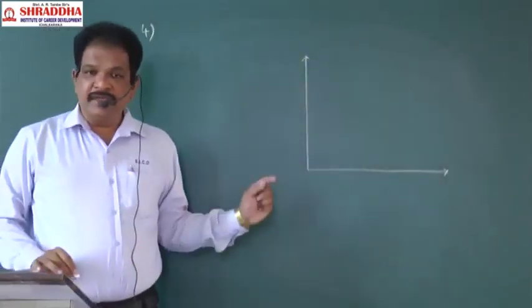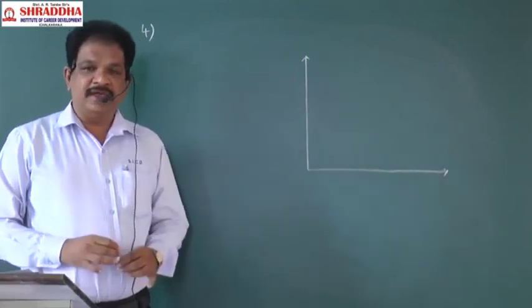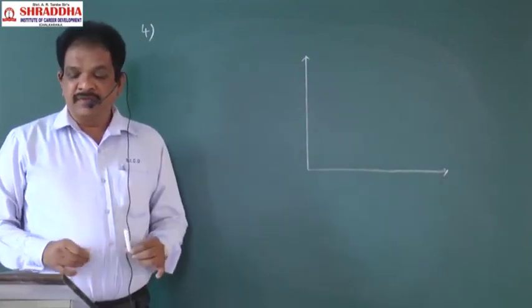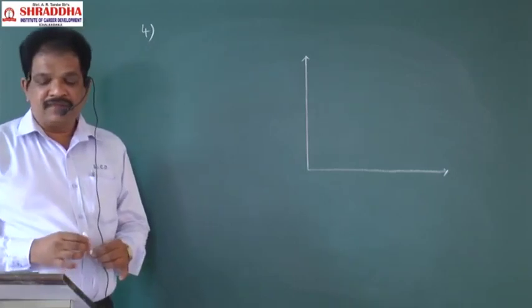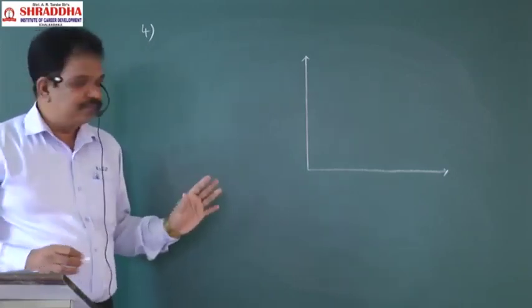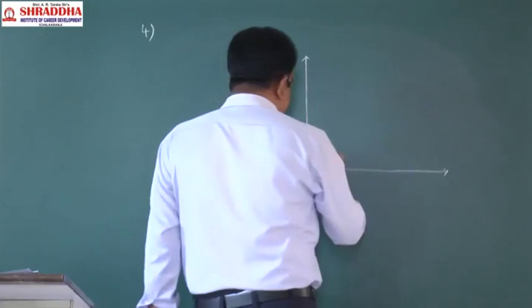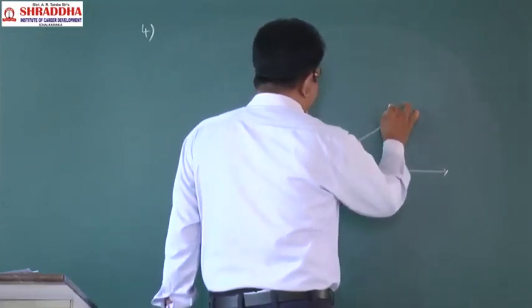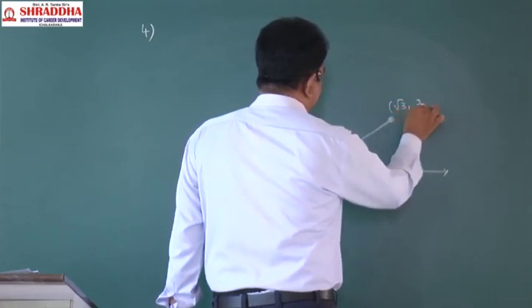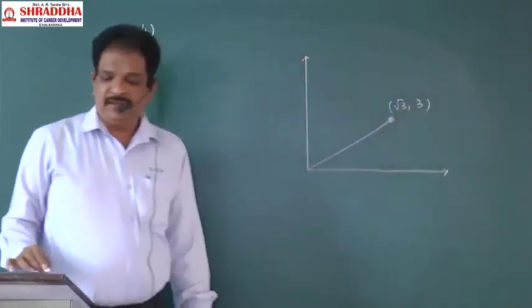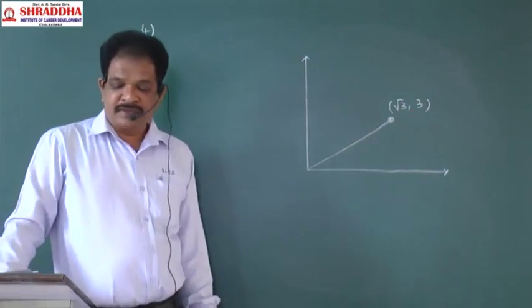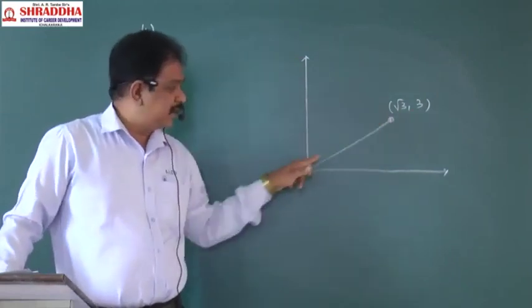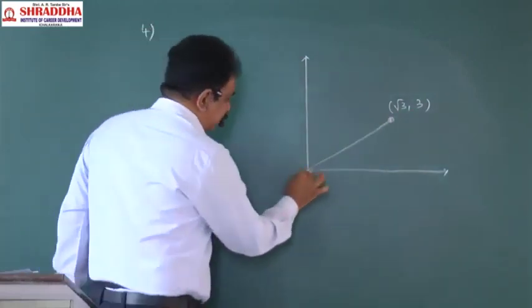One particle is moving in a straight line in the xy plane, so after some time its coordinates, as the particle is going like this, will be root 3 comma 3. That is its coordinates. This is the path travelled by the particle.